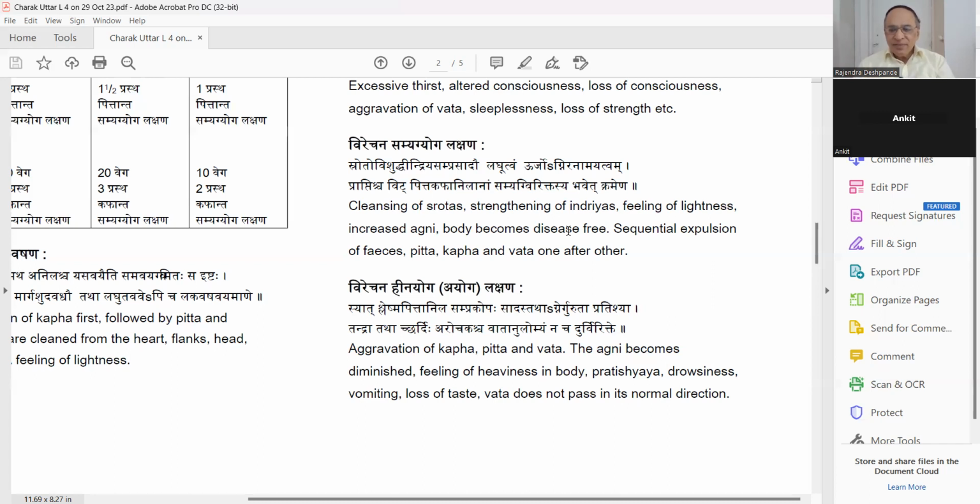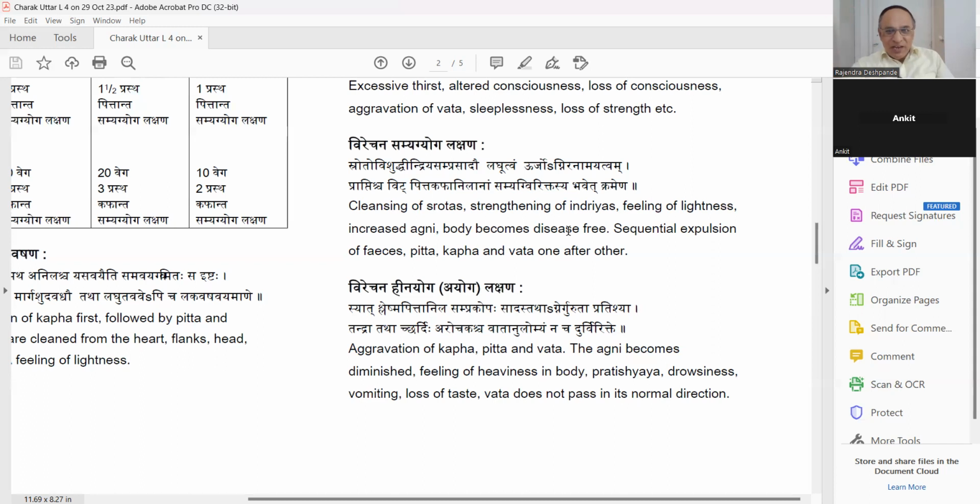Sir, Karmendriya, Vak, Pani, Payu, Vak, Pani, sorry, Pada, legs, Payu. What is Payu? Anal region. Upastha, genitals. Vak, Pani, Pada, Payu, Upastha, Karmendriya. And Ubhayendriya is the mind. So everything will be clean.